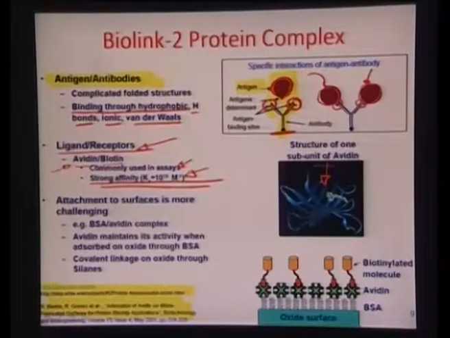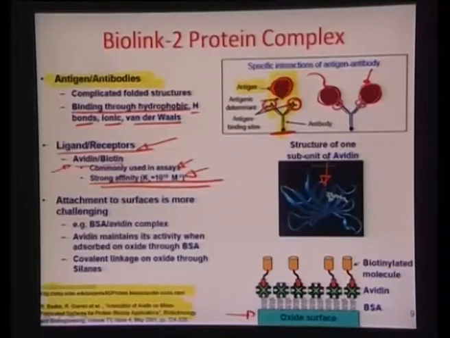Also very important is the binding of some kind of an antibody using this concept of biotin avidin chemistry. So here, let's say you have a surface which you want to bind something on, and you create a protein in its positive state at a certain pH.